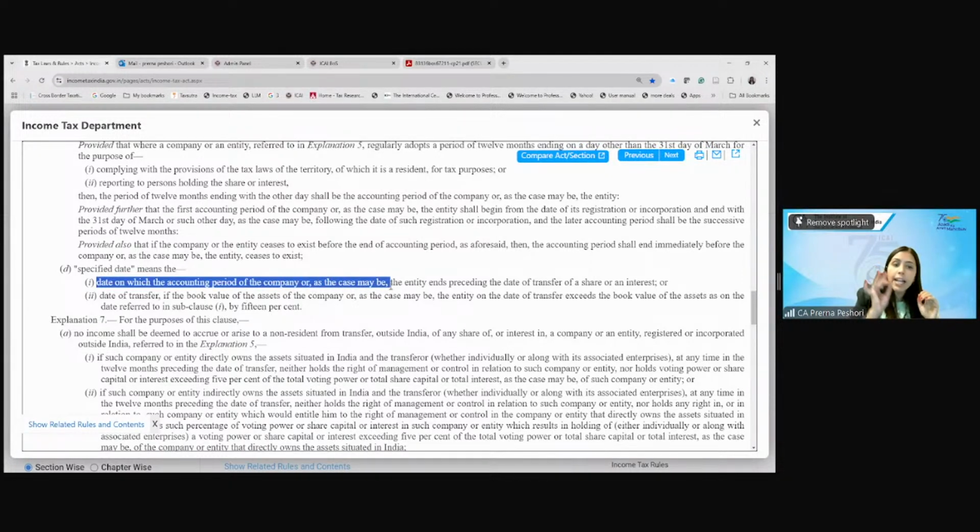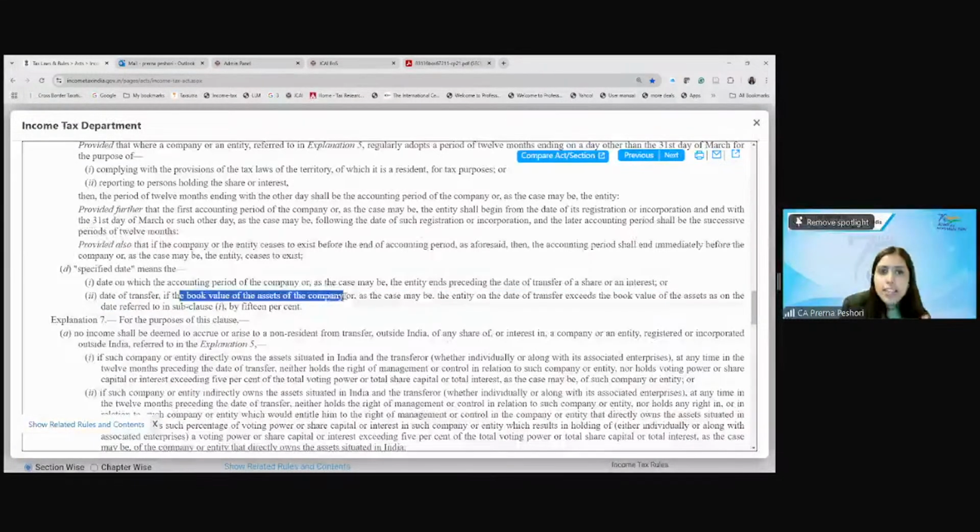So basically the end of the accounting period, 31st March, 31st December, whatever accounting period you have. Or the date of transfer if the book value of the assets of the company on the date of the transfer exceeds the book value of the assets as on the accounting period date by 15%. Now this is very confusing.